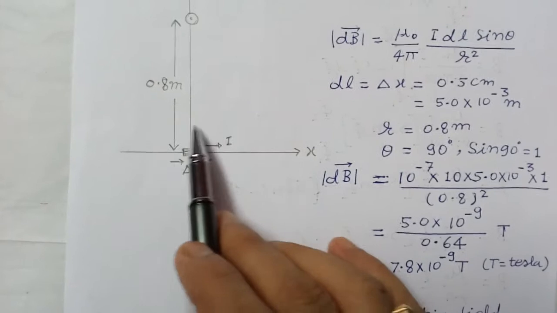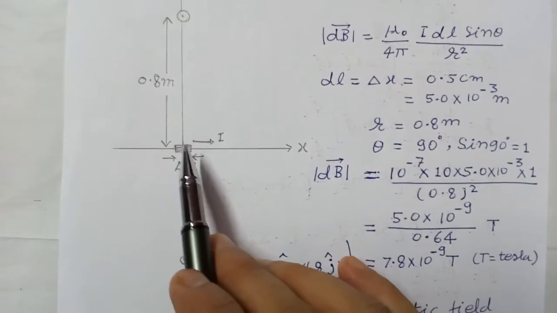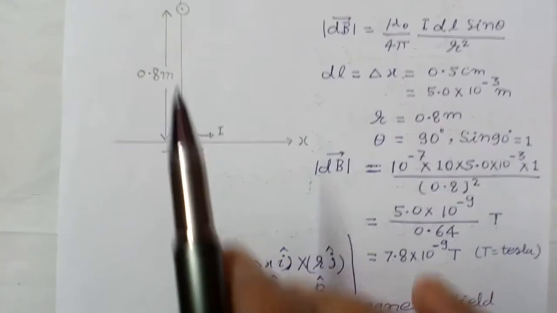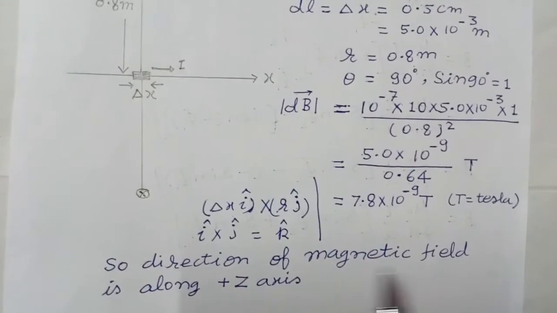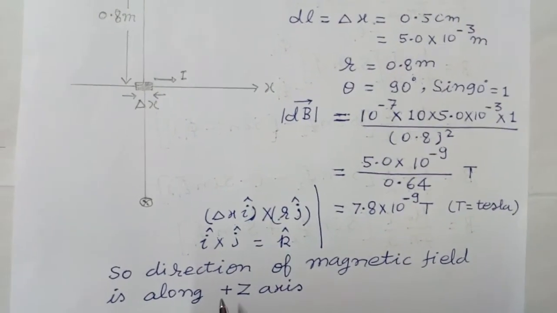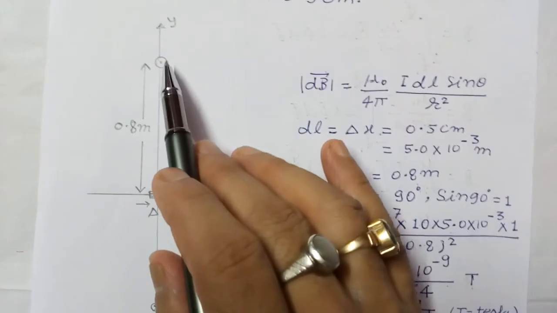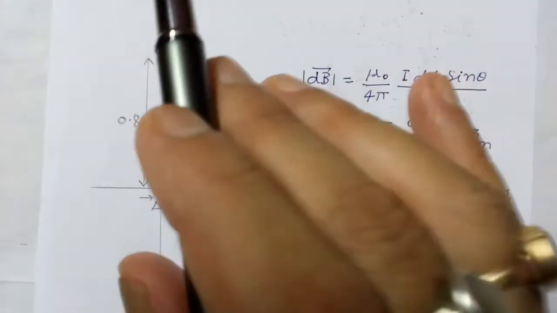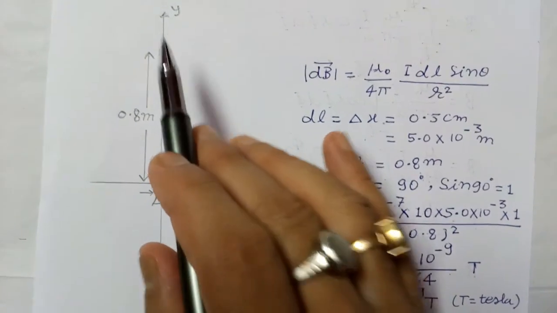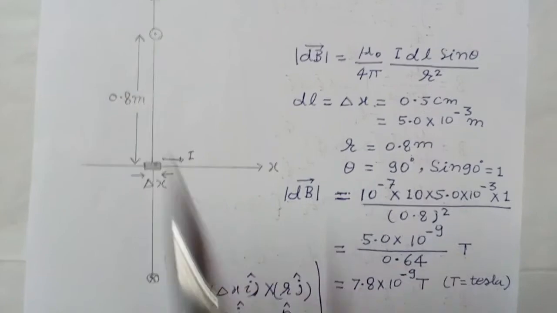So i cross j, by i cross j we will move in the positive z direction. So i cross j is equal to k. So the direction of the magnetic field is along the positive z axis, means at this point the magnetic field lines are coming out from the plane of the paper and they are parallel to the z axis.